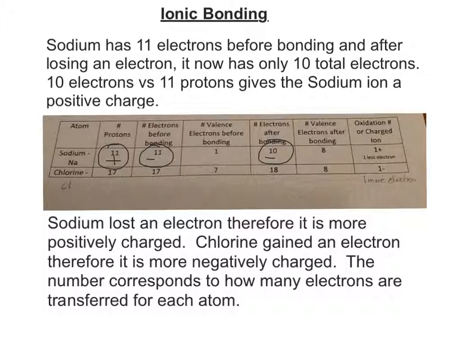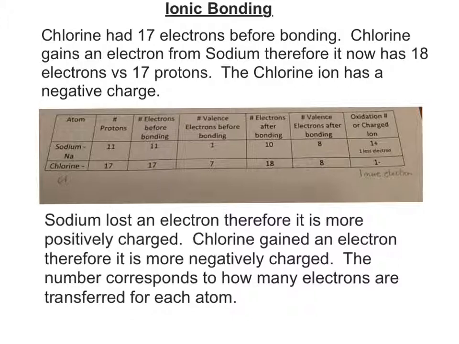So we have 11 positive charges versus 10 negative charges, so positive charges are winning by 1. So we have 1 less electron, or a +1, or 1 plus ion. Sodium lost an electron, therefore it is more positively charged. Chlorine gained an electron, therefore it is more negatively charged. The number corresponds to how many electrons are transferred for each atom.